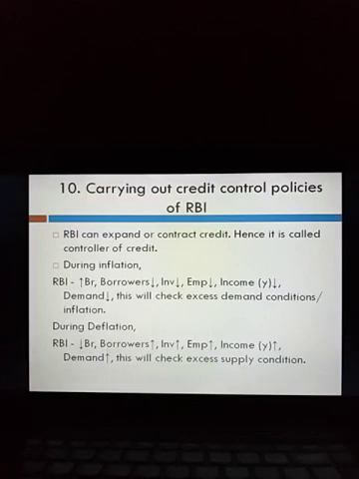More people rush to the banks to borrow loans. As a result, investment, employment, and income also increase. This will lead to an increase in demand. Thus, RBI checks excess supply over the demand.